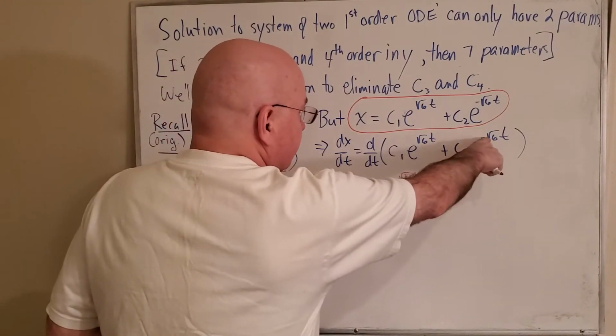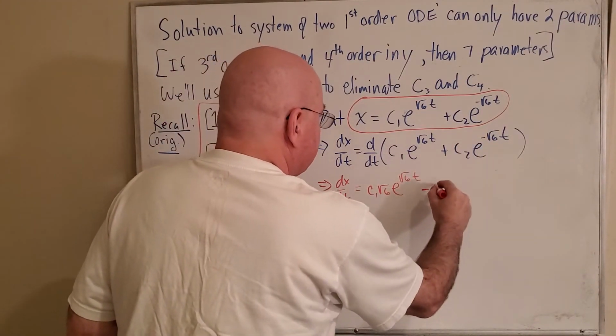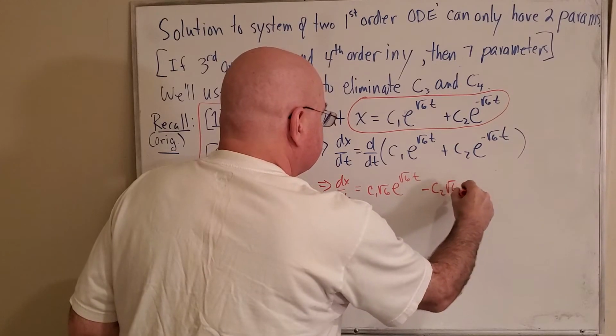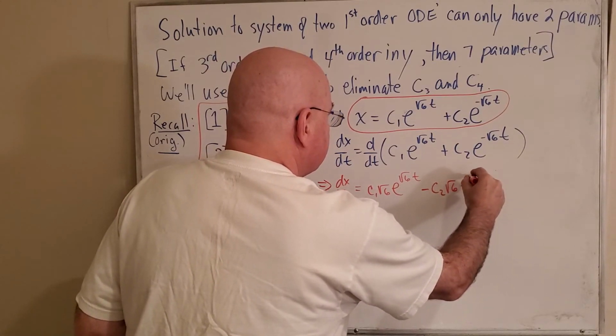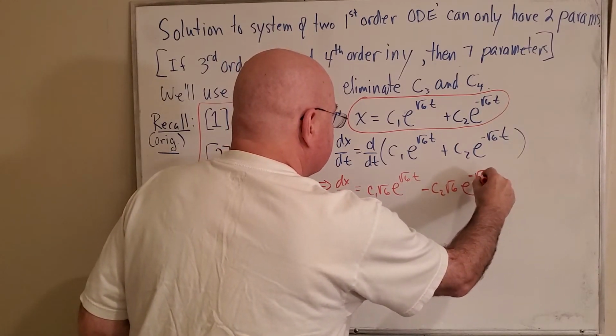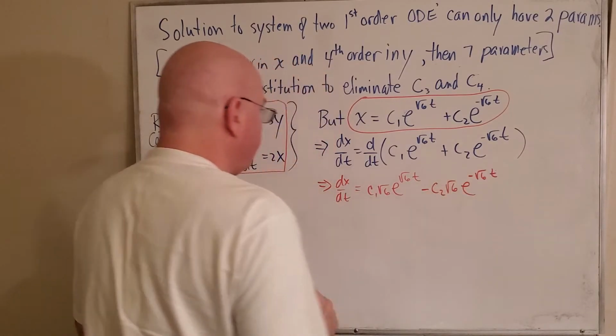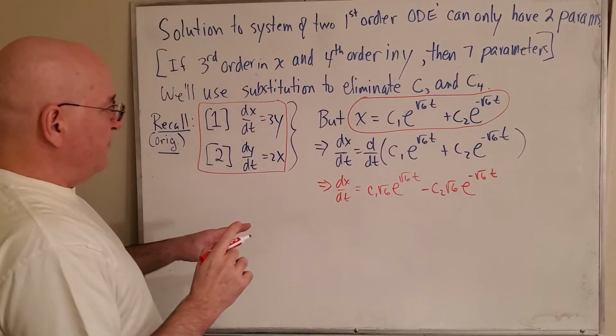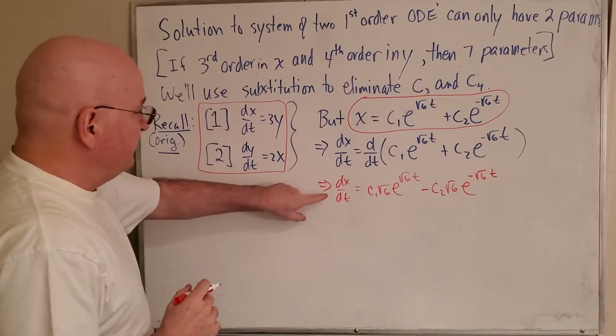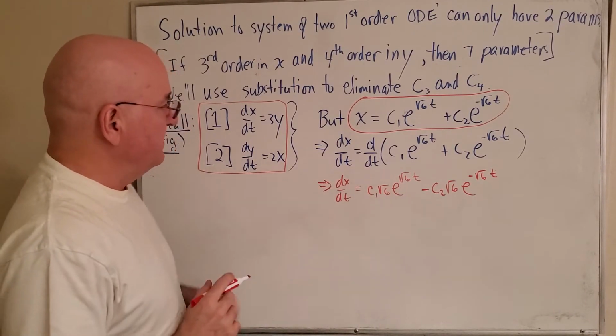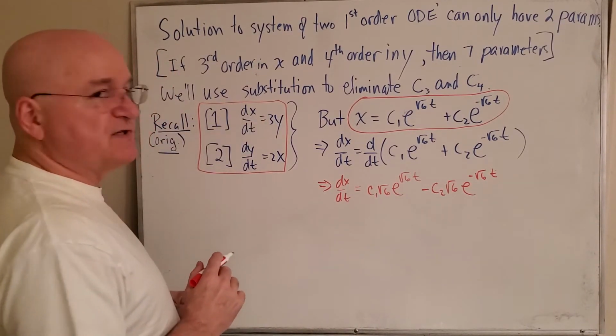Because if you take the derivative of this, you have to multiply by a negative radical 6 e to the negative radical 6t. But what do we know? We know dx dt is equal to this, but dx dt is also equal to 3y.